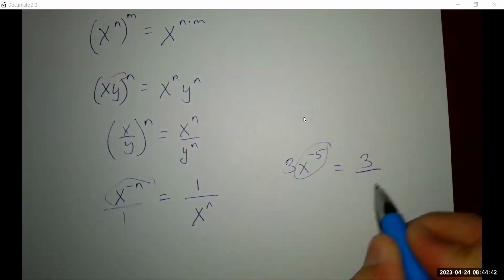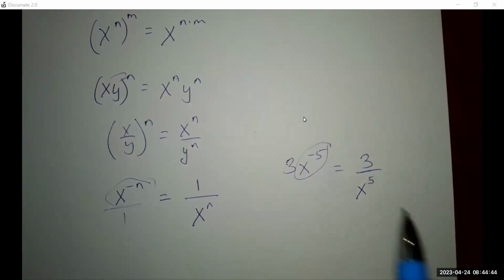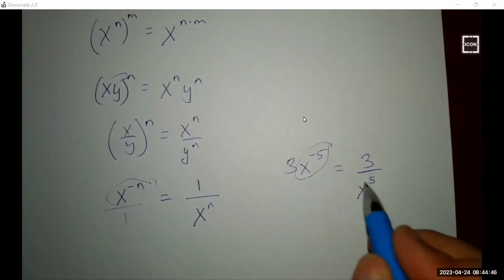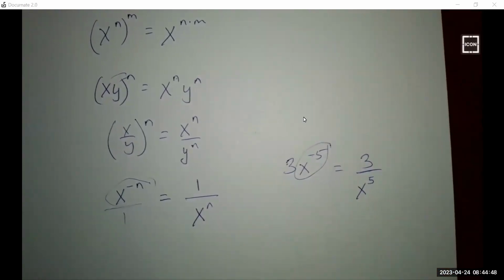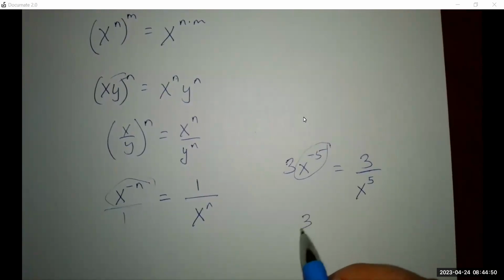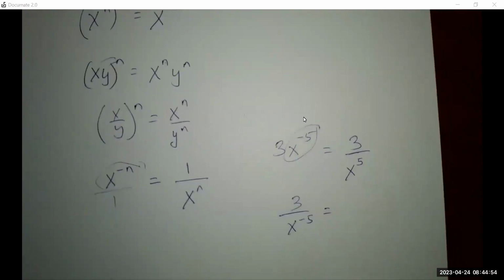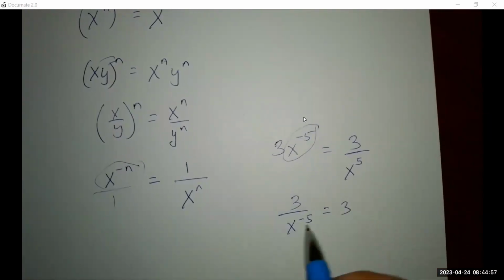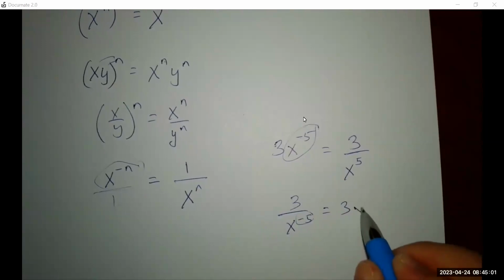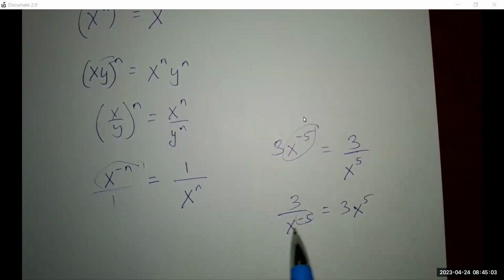So the 3 stays up on top. And since 5 has a negative in front of it, it goes on the bottom. Or conversely, if it's on the bottom, then only move this one since it's negative. Leave the 3 alone, don't do anything with it. Once you move it to the other side of the dividing line, drop the negative.